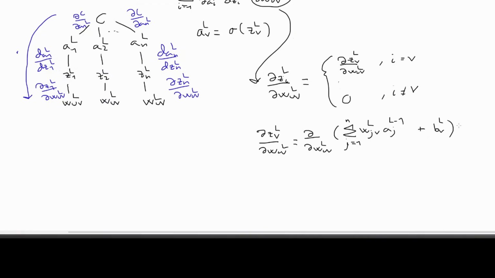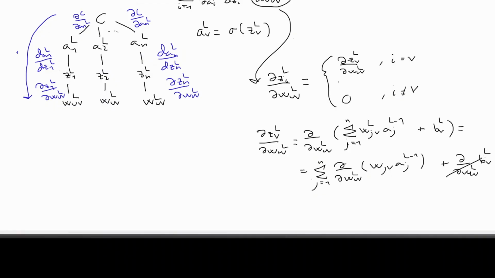Now distributing the derivative, we get that this is equal to the sum from j to n of the partial derivative of our weight w_uv^L for this term, which is w_jv, plus the partial derivative of our weight w_uv^L with respect to the bias term.